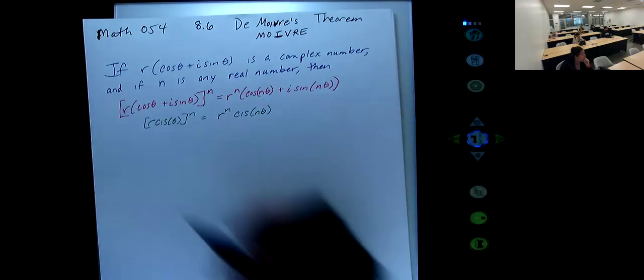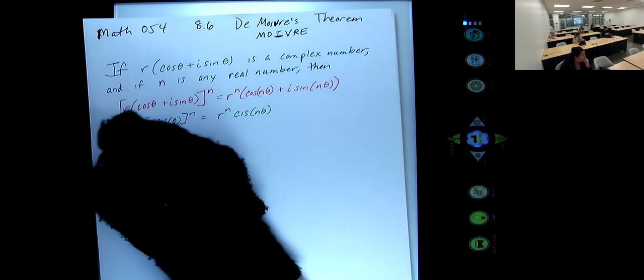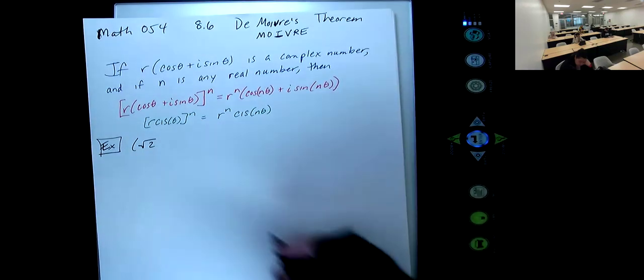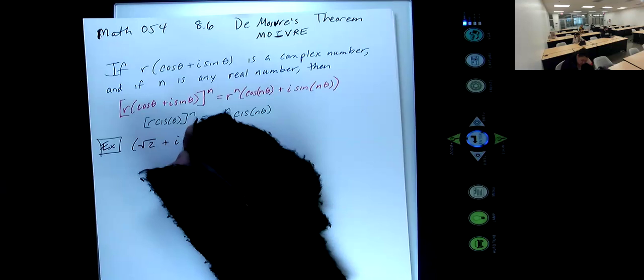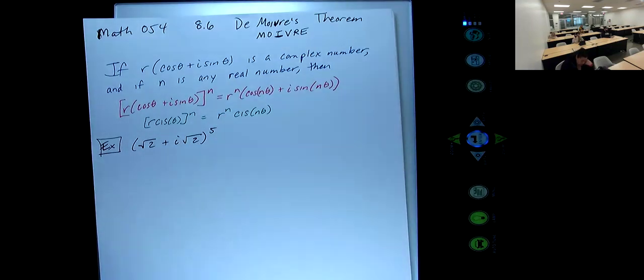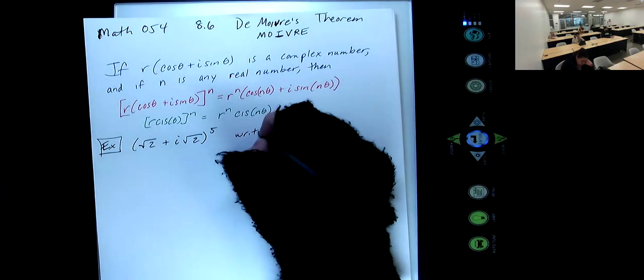Okay, so example. We'll have square root of 2 plus I root 2, fifth power. Write the answer in rectangular form.